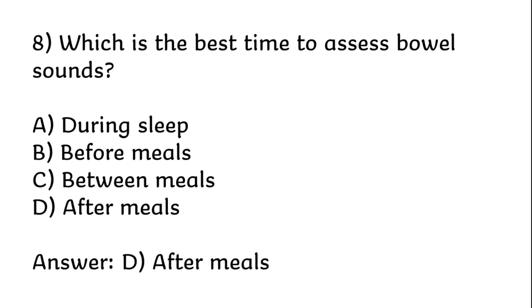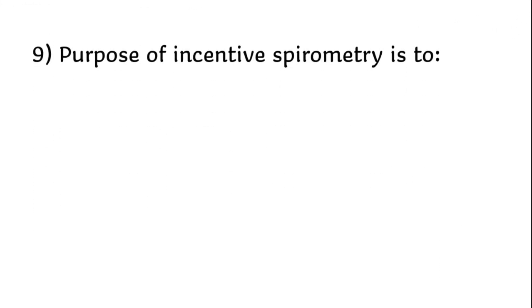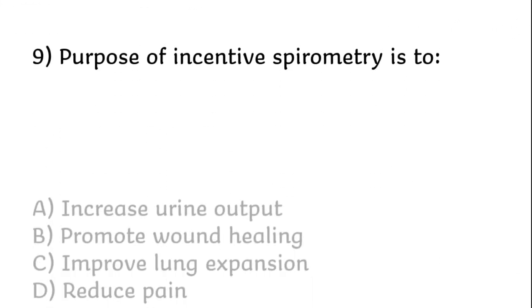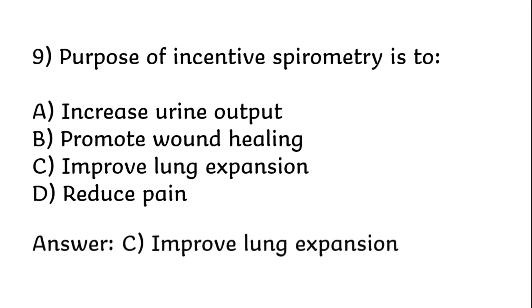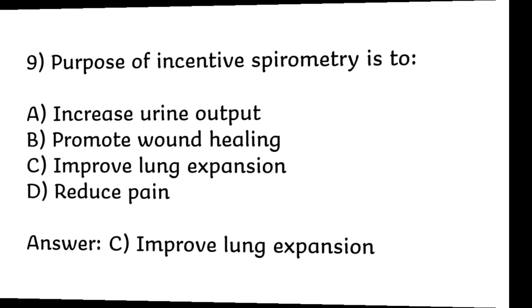Correct answer is option D, after meals. Purpose of incentive spirometry is to increase urine output, promote wound healing, improve lung expansion, reduce pain. Correct answer is option C, improve lung expansion.